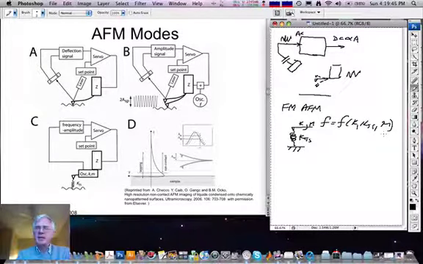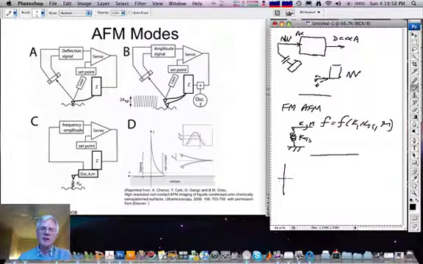Finally, panel D illustrates how one switches between contact and non-contact mode in dynamic force microscopy. So I'm going to turn the force curve there on its side. It's shown this way in the panel because that is in effect what one sees on approaching the surface. So here is this force versus distance curve.